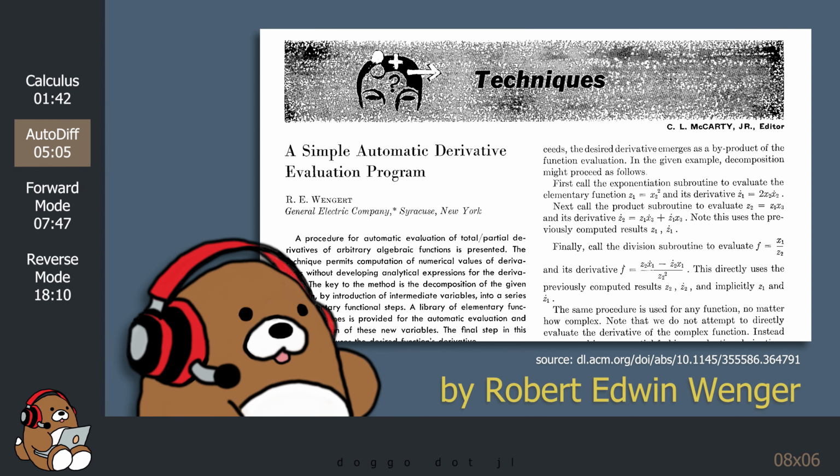This problem was first solved by Robert Edwin Wengert. He published a paper in 1964 titled A Simple Automatic Derivative Evaluation Program. The technique he describes in his paper has come to be known as forward-mode automatic differentiation, and thus automatic differentiation was born.